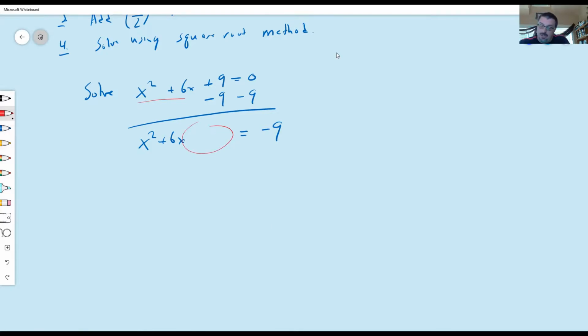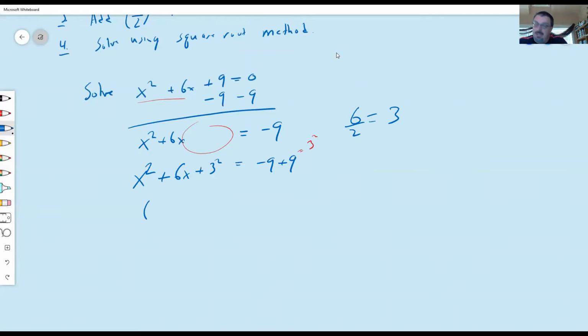I got to add a term there. So we're going to take half of 6, right? Half of 6 is 6 divided by 2, or 3. And since this is the equation, if I do it to the left side of the equation, I got to do it to the right side. So minus 9 plus 9, again, right? That plus 9 is 3 squared, so I just kind of skipped a step right there.